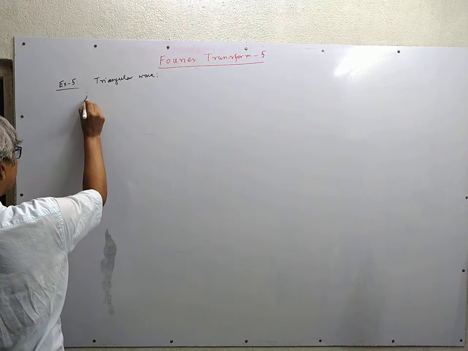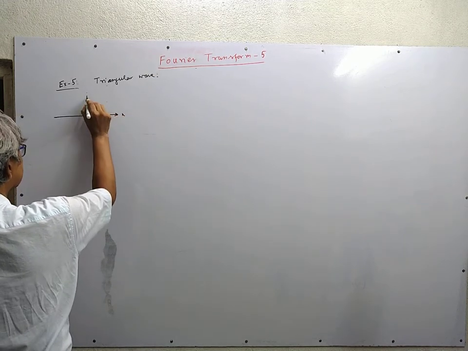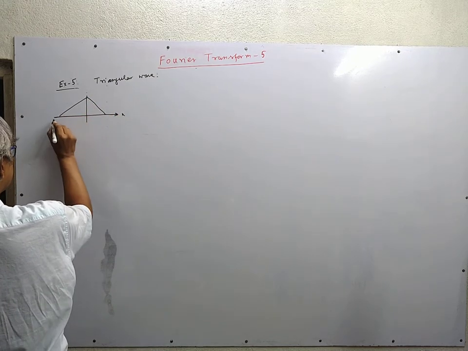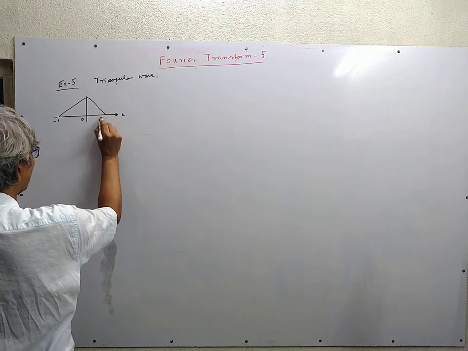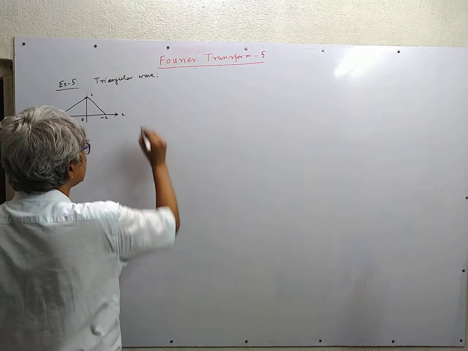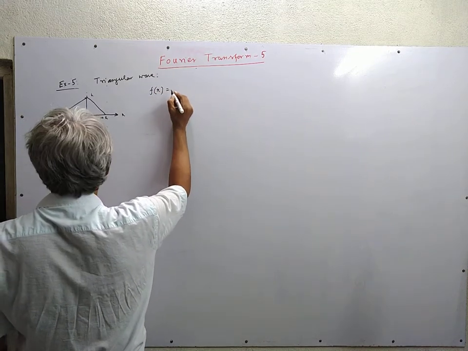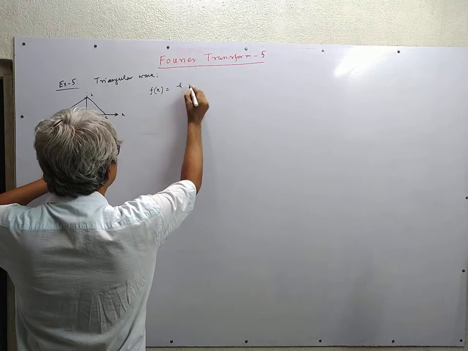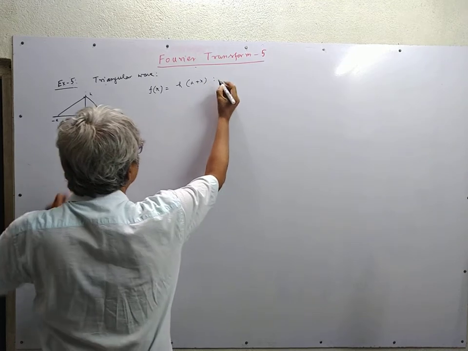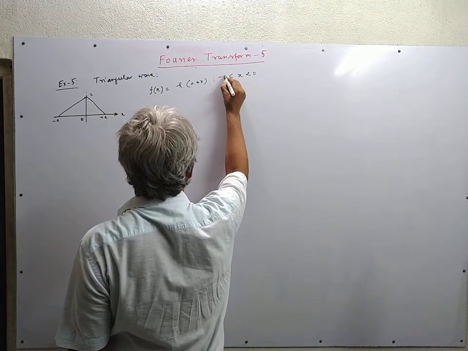A triangular wave, if we draw it, this is the x-axis, this is symmetric, minus a, 0, plus a, and say this height is h. So the function is f of x equal to h times (a plus x) when x is less than 0, greater than minus a.